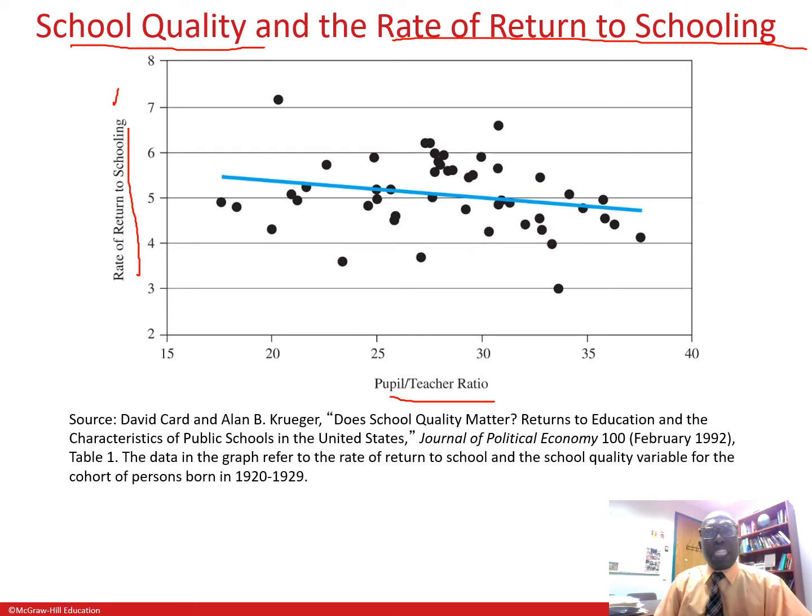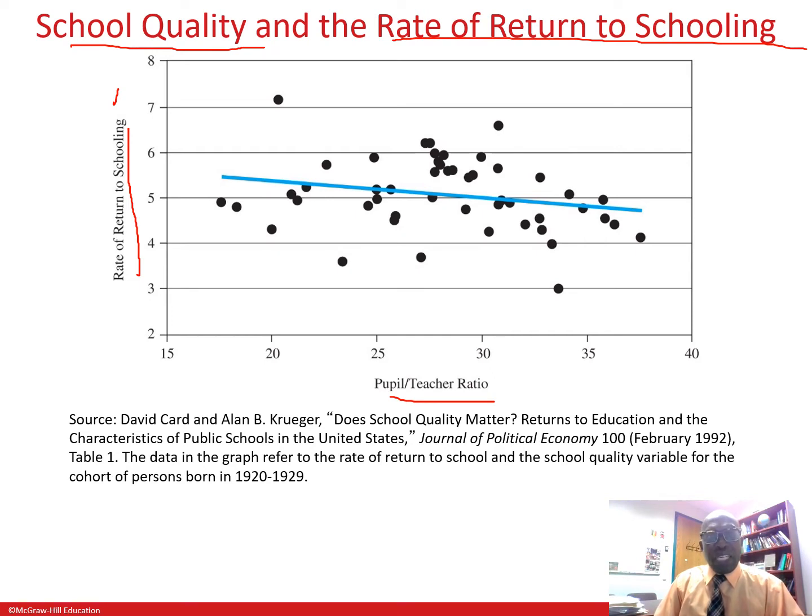Children born in states that offer better schools, at least as measured by a small class size, had a higher rate of return to school after they entered the labor market.